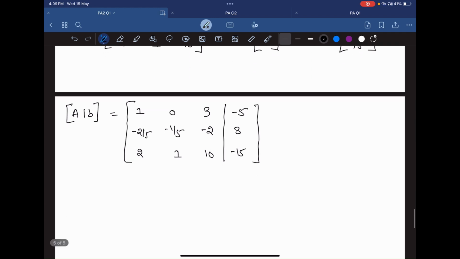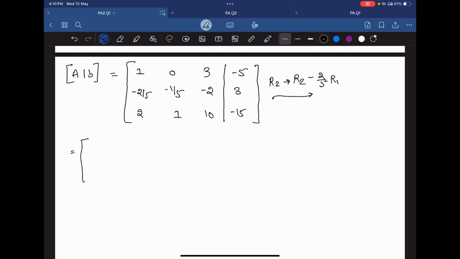Again we will be doing some row operations to row reduce this matrix to check whether the solution exists. If it exists, then what type of solution it is. If it does not, then no solution. Let's do one row operation on the second row. It is R2 minus 2 by 5 R1.